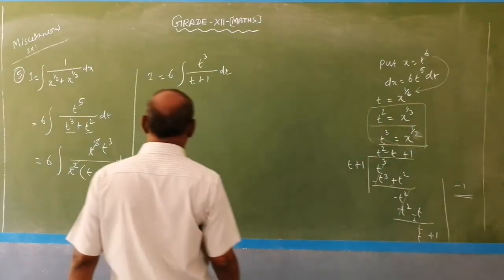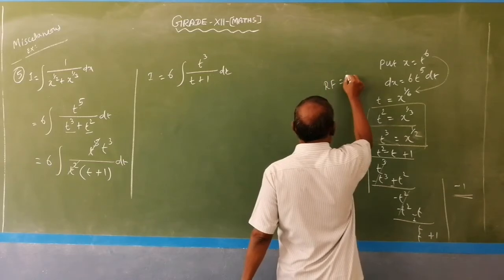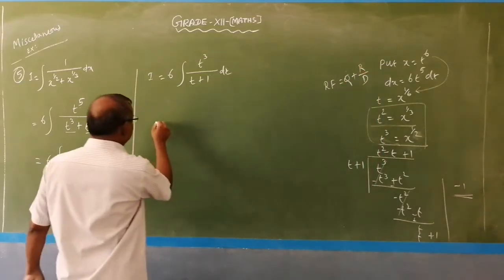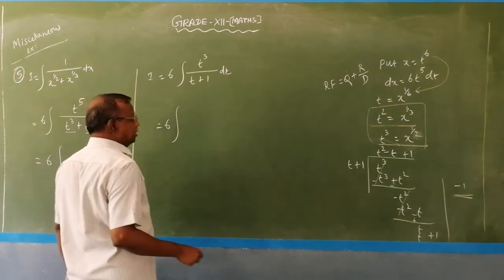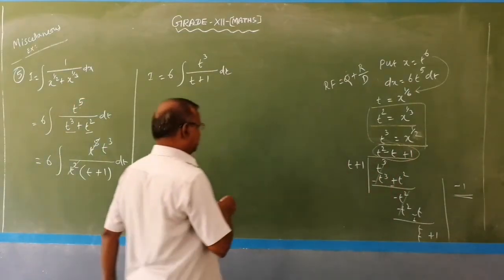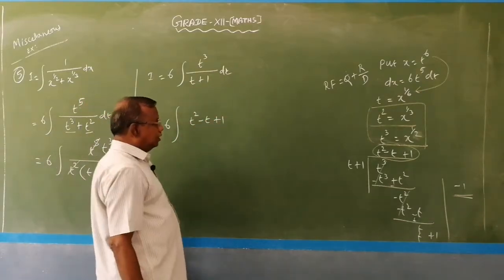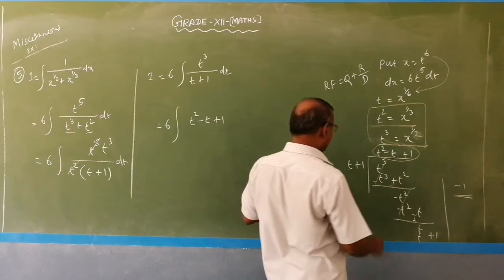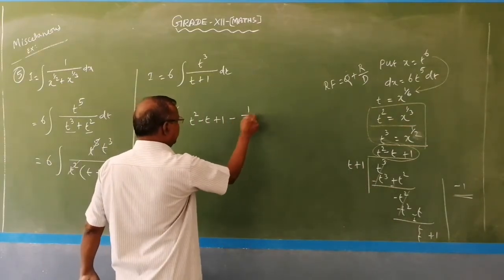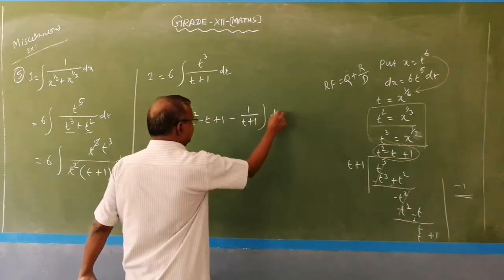Therefore, according to the formula, rational function is equal to quotient plus remainder by divisor. We have 6 integral of quotient, t square minus t plus 1, and plus remainder by divisor, that is minus 1 by t plus 1 into dt.